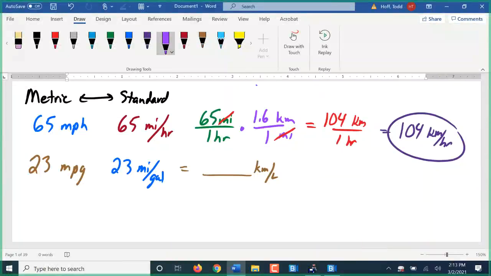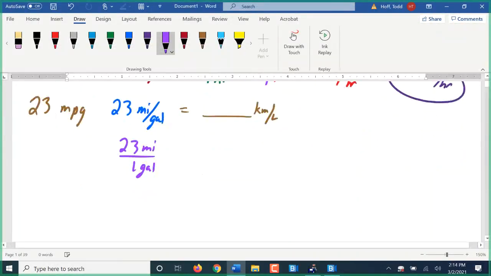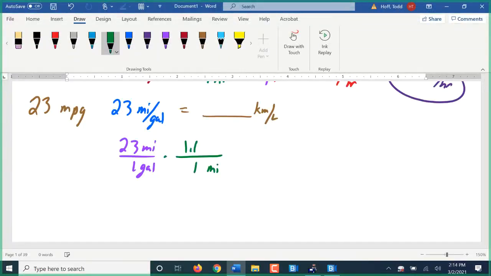So our 23 miles per gallon is really 23 miles for every 1 gallon. So we'll start with that. We've got to convert miles into kilometers. 1 mile is 1.6 kilometers. Miles have canceled out. We're now in kilometers per gallon.